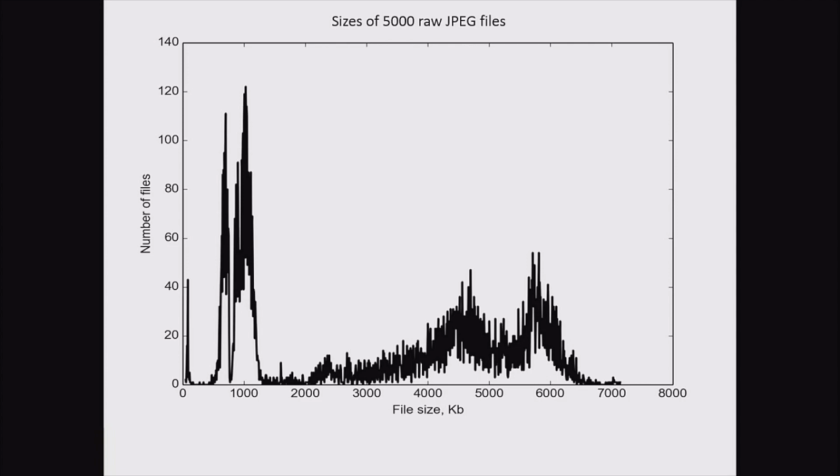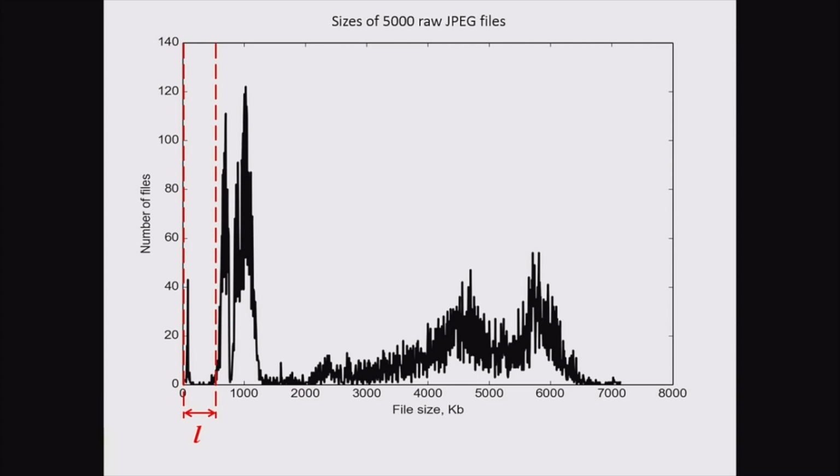As you can see, file sizes are spread somewhere between 1 megabyte and 6 megabytes, each spike corresponding to a different digital camera that I owned over the past 10 years. But it's clear that there is a certain minimal size, let's call it L, length, above which all of the raw JPEG images are.